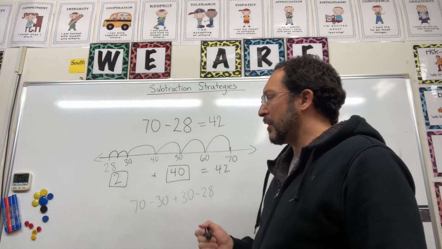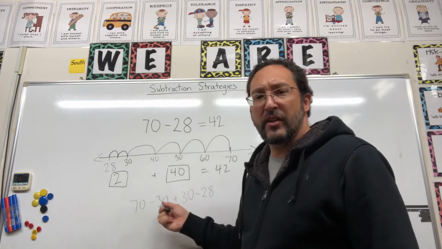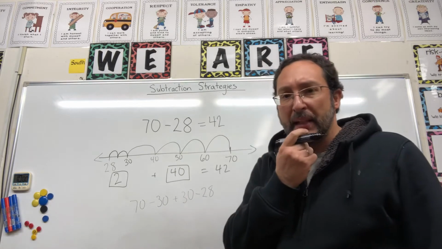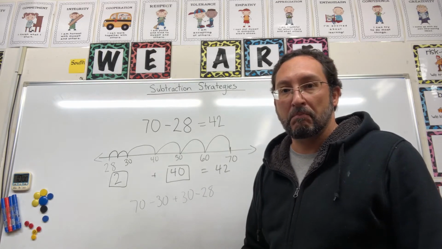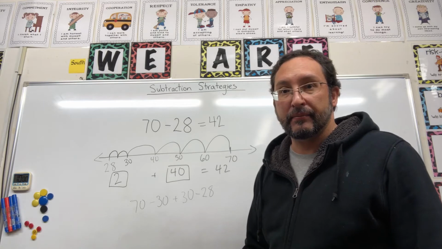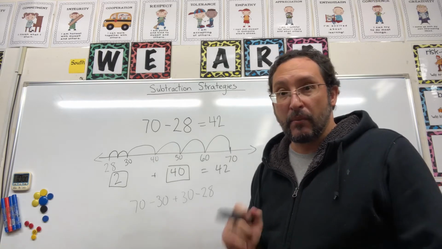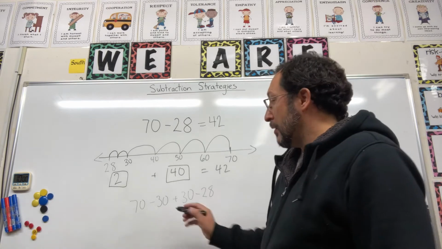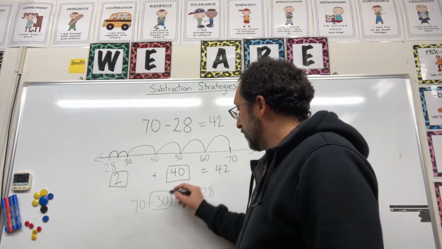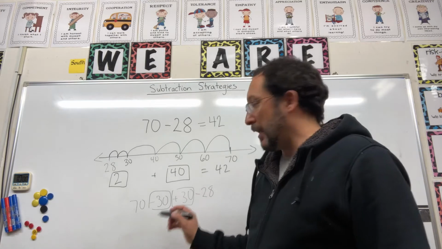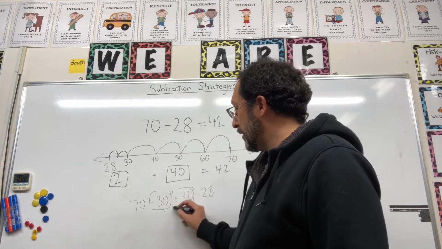Now you're probably a little bit confused, going, well, why is there a 30 and 30 here? Think about that. Why did I put another 30 in there? Any idea? Well, minus 30 and plus 30 equals 0.